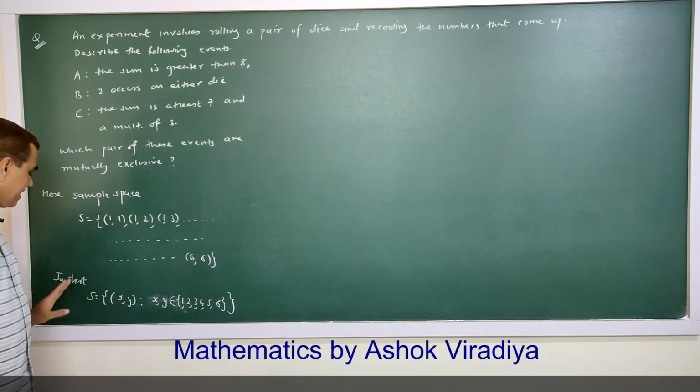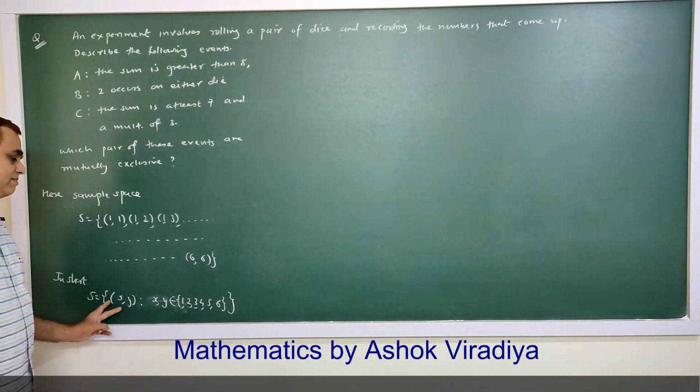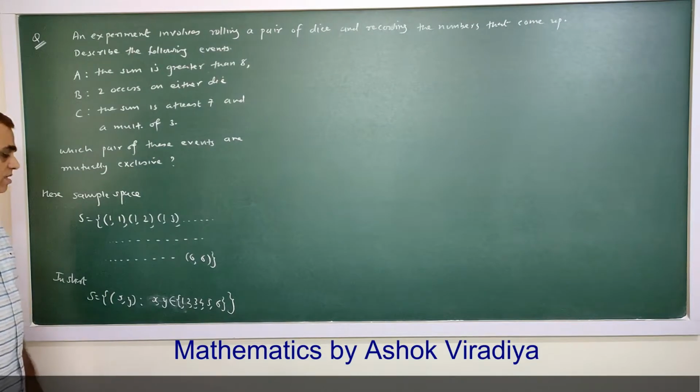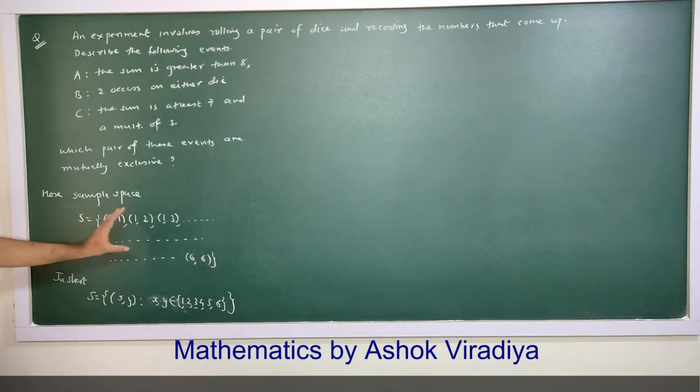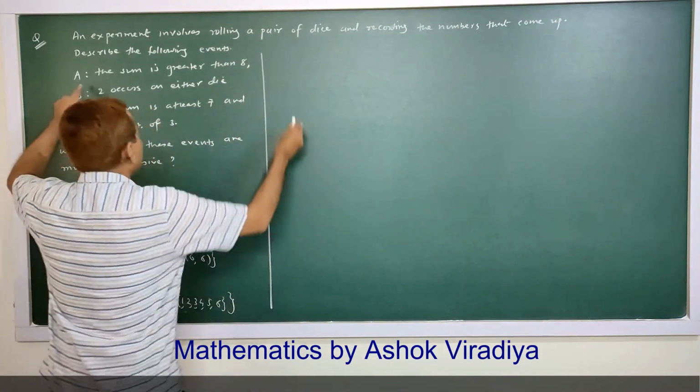So this set can also be expressed in short by this method. So S contains 36 elements.